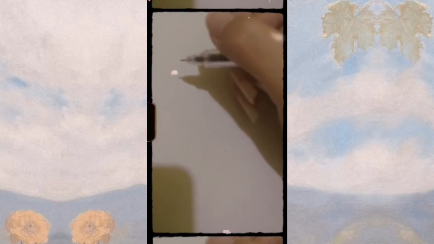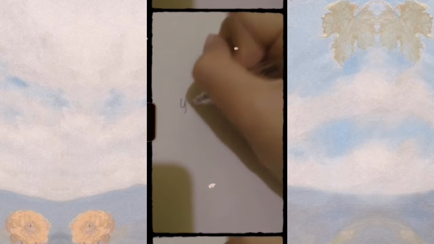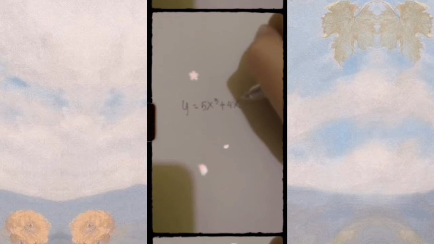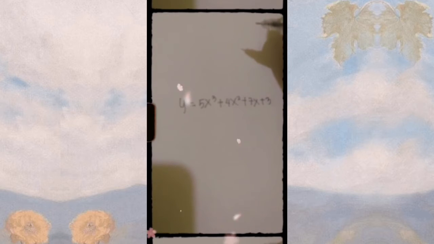So here, we are going to find the third derivative of the function, and our given is y is equal to 5x cubed plus 4x squared plus 7x plus 3. So we are asked to find the third derivative.